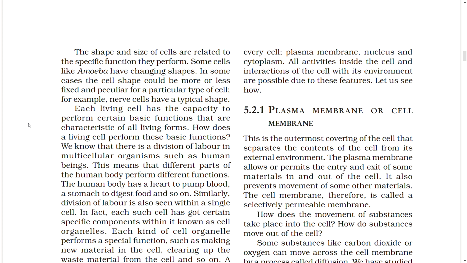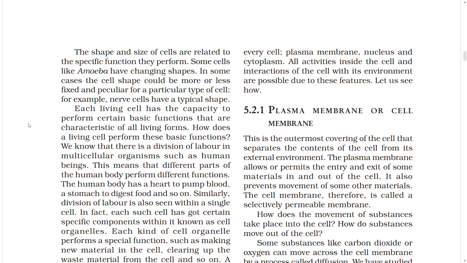How does a living cell perform these basic functions? We know that there is a division of labor in multicellular organisms such as human beings. This means that different parts of the human body perform different functions. The human body has a heart to pump blood, a stomach to digest food, and so on.